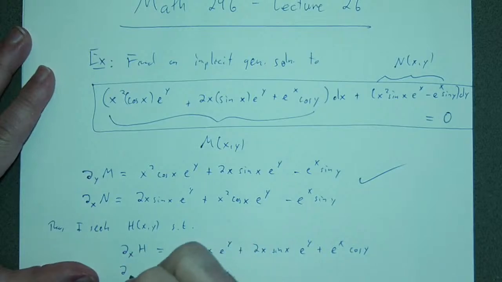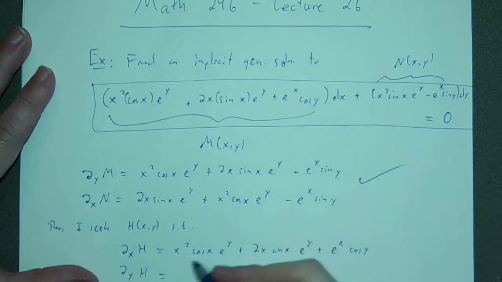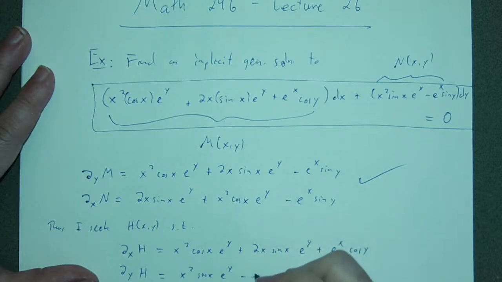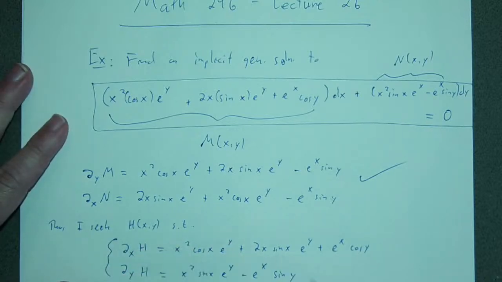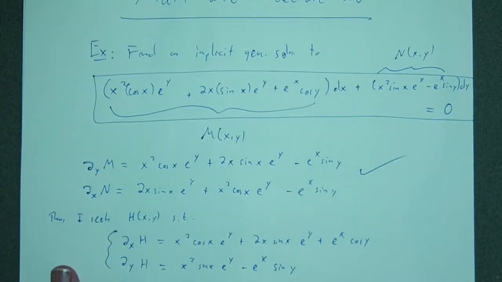And the y partial of h is x squared sine x e to the y minus e to the x sine y. So that's what we end up with.